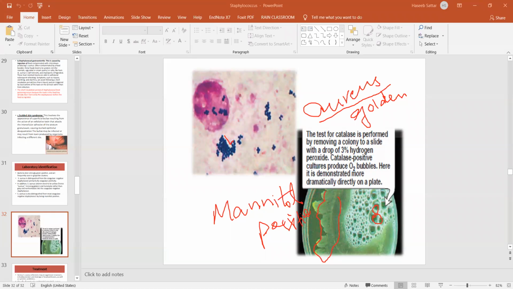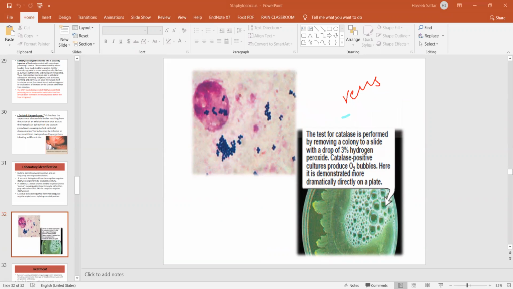Mannitol is a sugar, and certain bacteria convert this sugar into pyruvic acid. You remember the glycolysis process. Through glycolysis there is production of pyruvic acid, which is acidic in nature. So when these bacteria ferment mannitol, they produce an acidic medium, and when we check the pH of the medium of this bacterial colony, it is acidic.